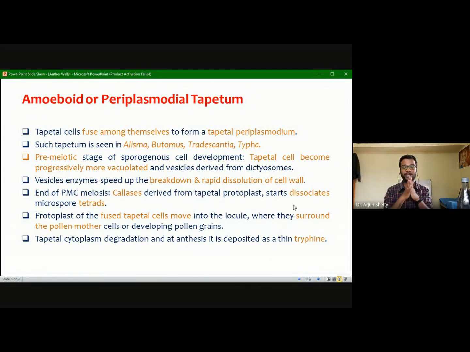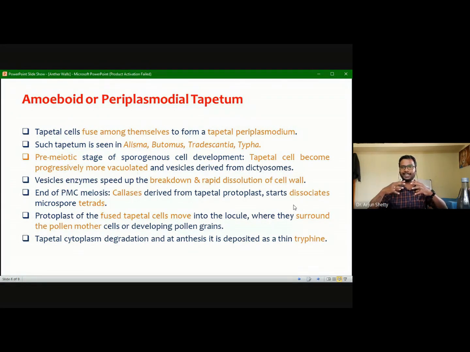So here, during the pre-meiotic stage, the sporogenous cells develop. The requirements for the formation of haploid pollen grains start in these sporogenous cells, right? During that time, the tapetal cell becomes progressively more vacuolated.